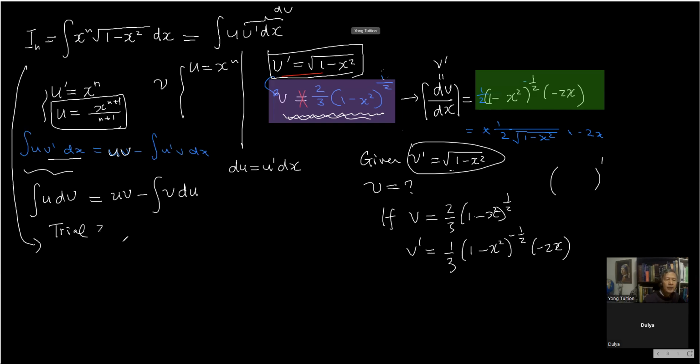This time, I will just use u equal to root. It's just u equal to this square root stuff, all right? And then what I do, I put this inside the differentiation. So in this way, the integral I show you will become that this is u, and that is dv, x to the n plus 1 divided by n plus 1.